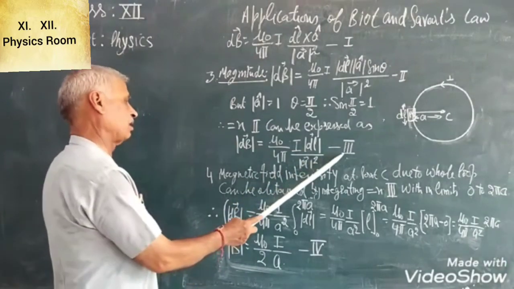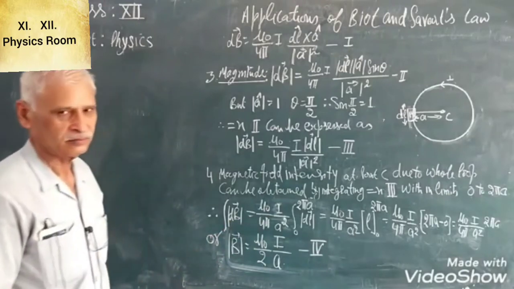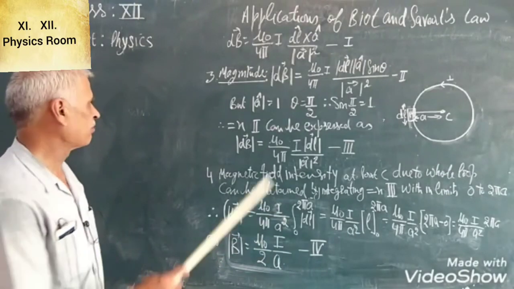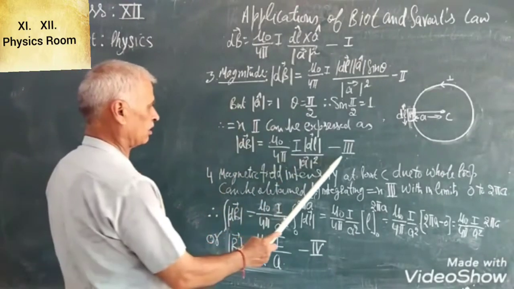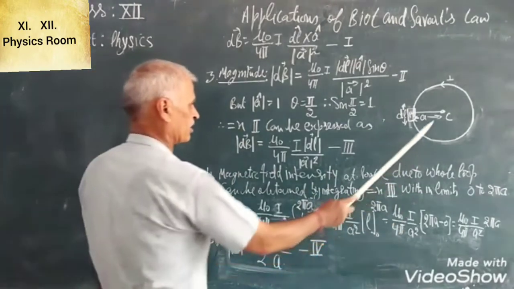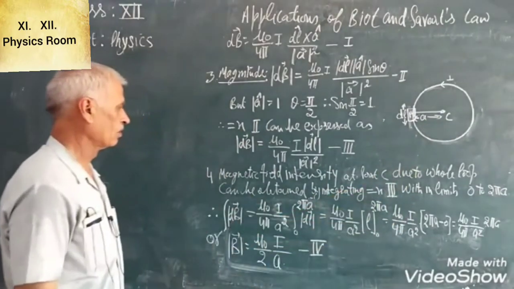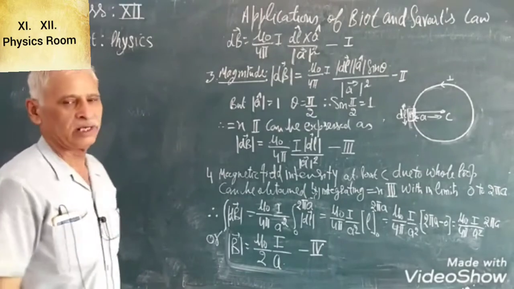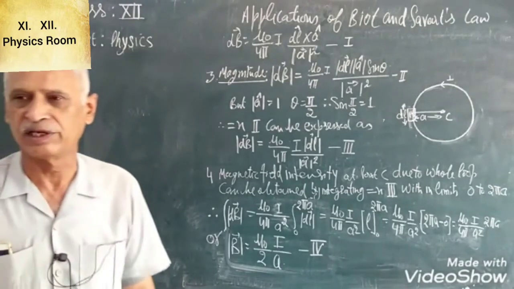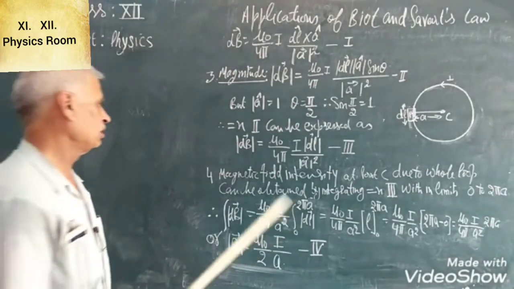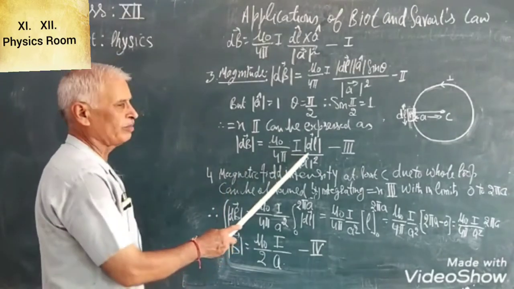We mark it equation 3. So in the third step, we calculate magnitude of the magnetic field at the center of the loop. Now we have to calculate the total magnetic field due to the whole loop. So this is a small field due to small current element dl.